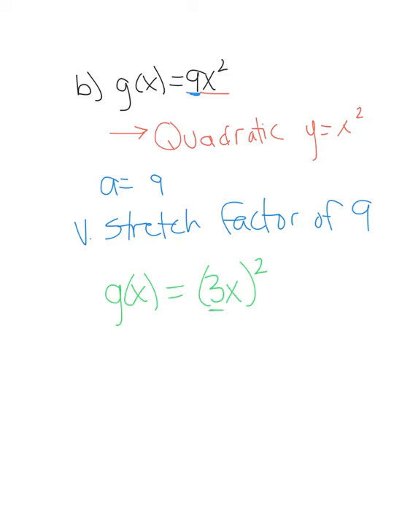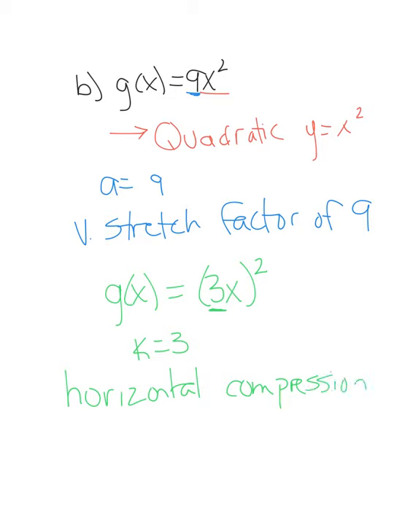So some of you may be seeing a k of 3 in there, and so you may be saying that there is a horizontal compression. A k of 3 does mean that I'm having a compression. Anything bigger than 1 for horizontal is a compression, by a factor of, and again, we know that we have a 1 over k, so a factor of 1/3.